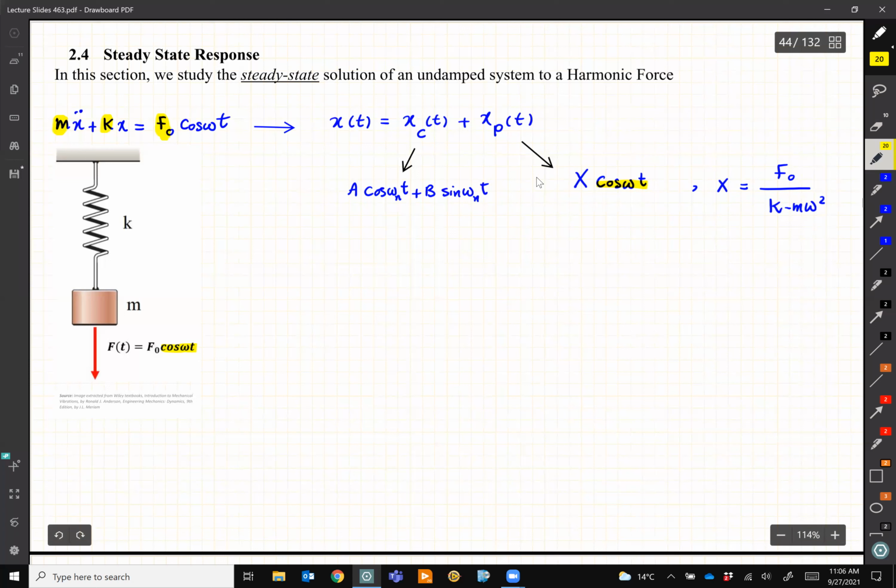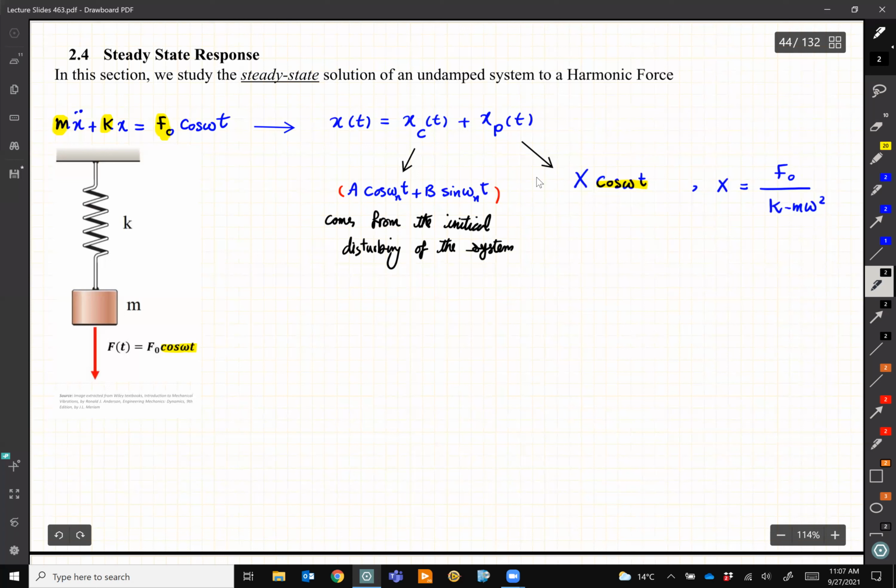Now, when we look at these two equations, we know that this part comes from the initial disturbance of the system, right?